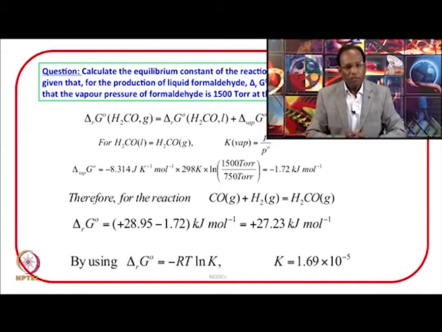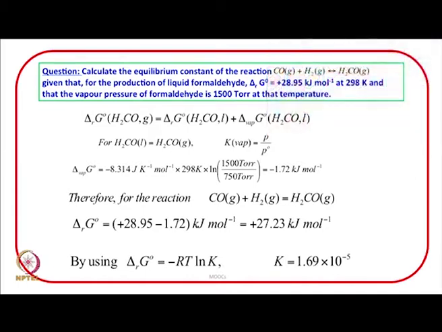So what we notice here is that equilibrium constant depends upon the temperature, and it will depend upon the temperature only if the standard enthalpy of the reaction is a non-zero number.